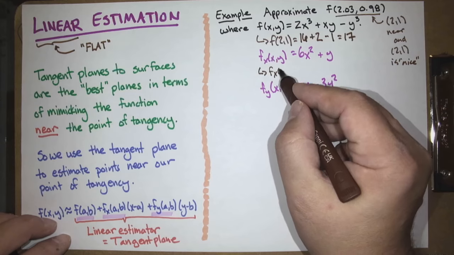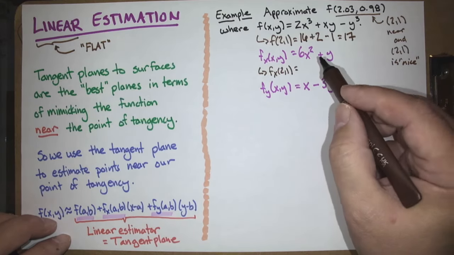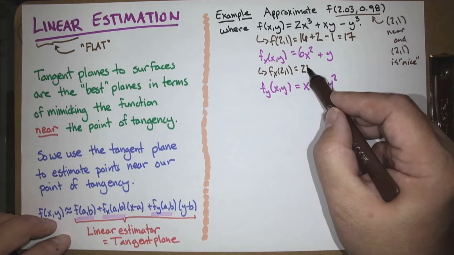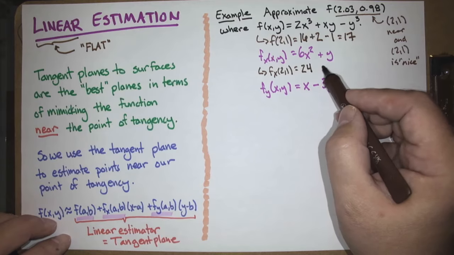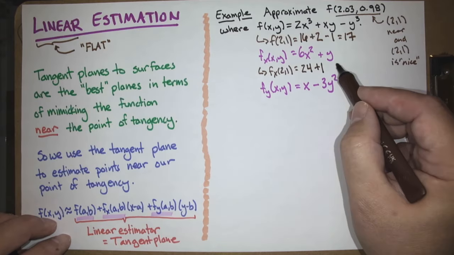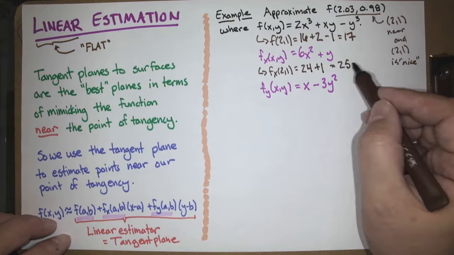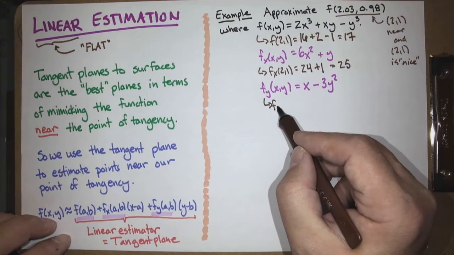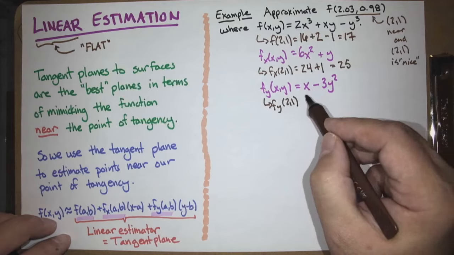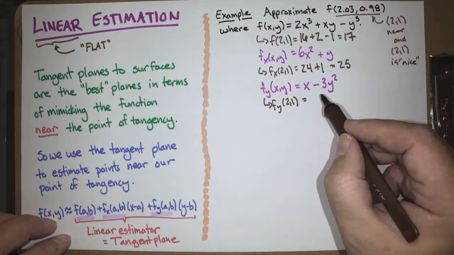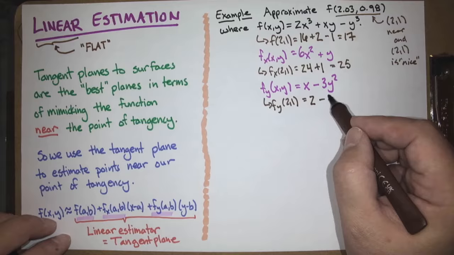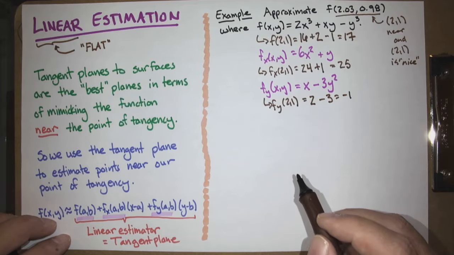F sub x at 2, 1. Okay, 6 times 2 squared, 24. Plus y, plus 1 makes 25. And f sub y at 2, 1, well, that's 2, which is x, minus 3 times 1 squared. So that's minus 3. That's negative 1.